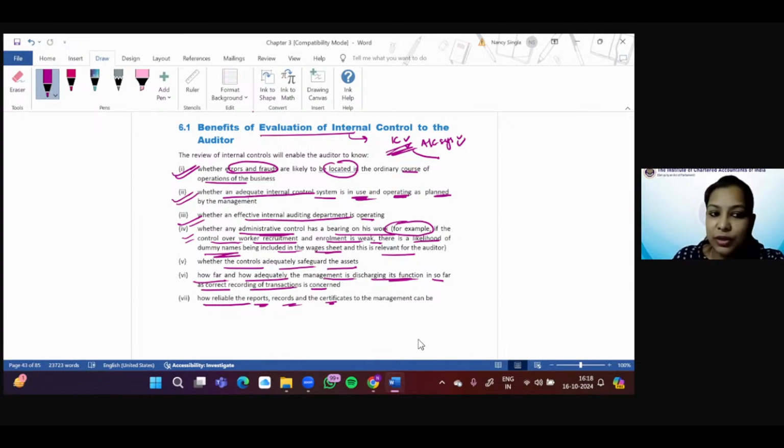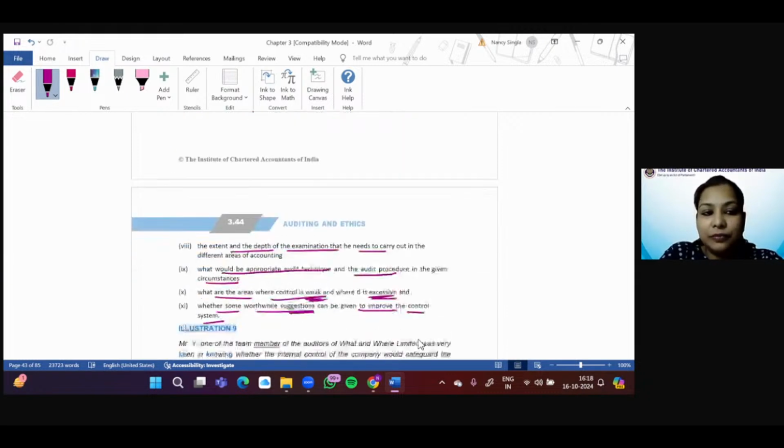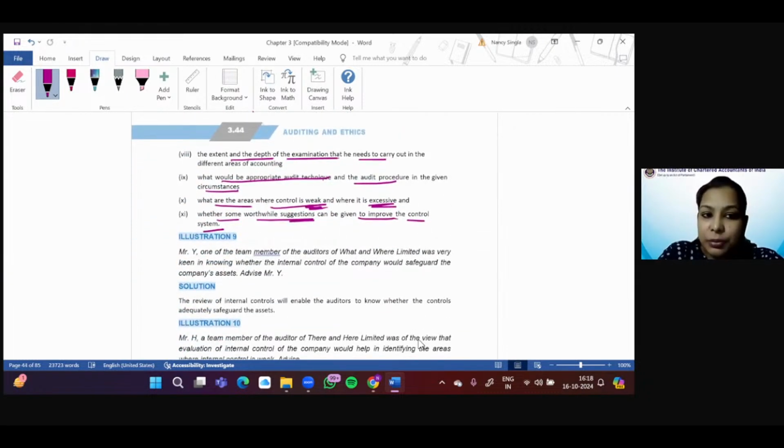Safeguarding of assets is happening or not, whether the management is discharging its function regarding the recording of transactions, whether the management's reports are reliable, how much checking is to be done, what technique is to be followed, areas where the control is weak or excessive, and any suggestions. So a few points relate to management's work. Then how much work the auditor has to do, 2-3 points relate to that.